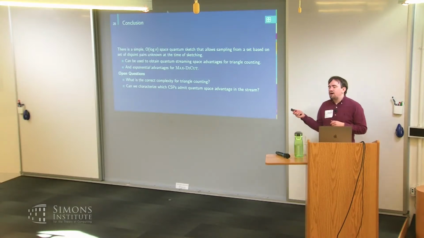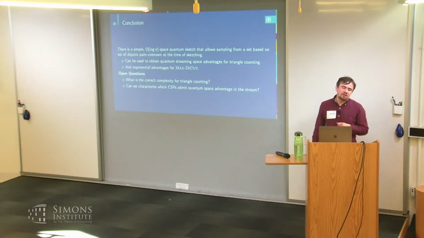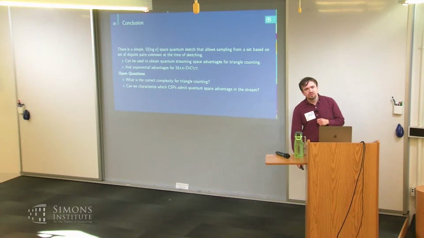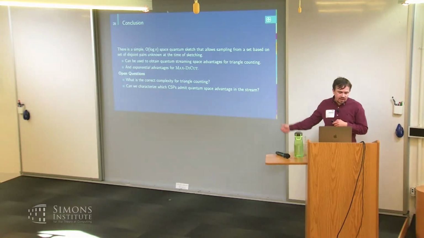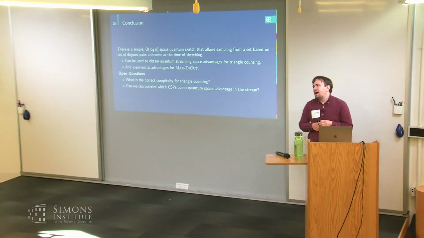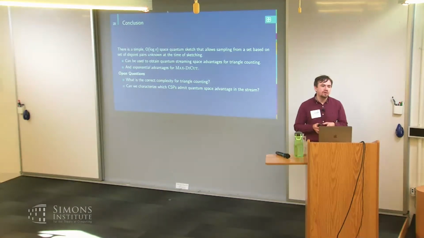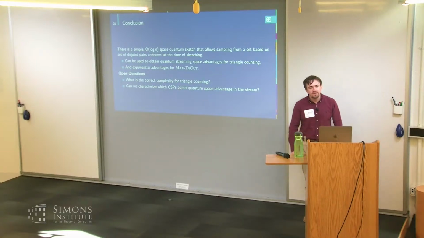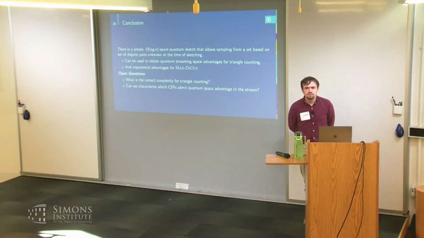Above 1/2, the same results that tell you that you can't get quantum advantage for max cut would also tell you that you can't get quantum advantage for this problem. And between 0.435 and 1/2, the question is still open, just as it is in the classical setting. Okay, gotcha. Thanks.